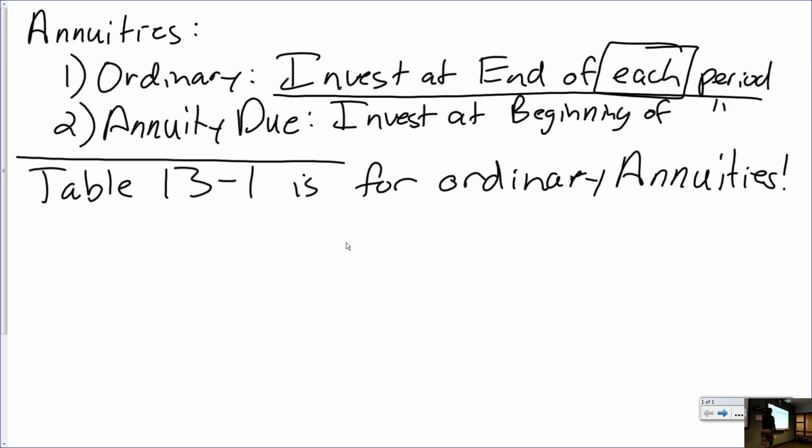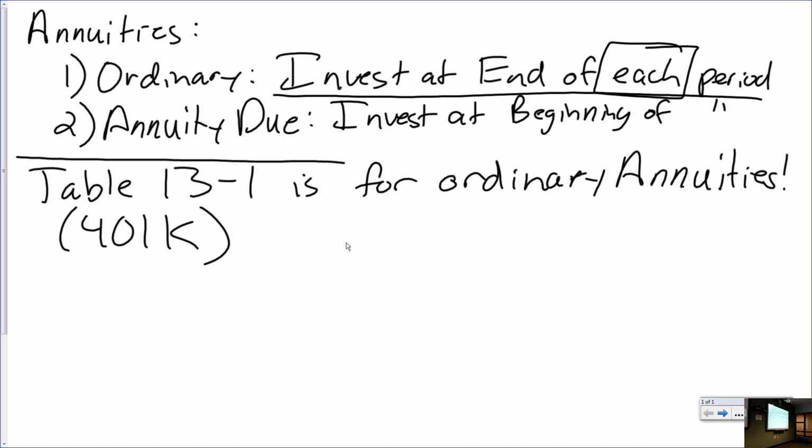Now, the first type of annuity, when we're dealing with Table 13-1, ordinary annuities, this is where you're investing money every period. These are the sorts of things like a 401k or an IRA, right? Some sort of an individual retirement account where you're putting money in, and the key here is that you're putting it in every period, all right?